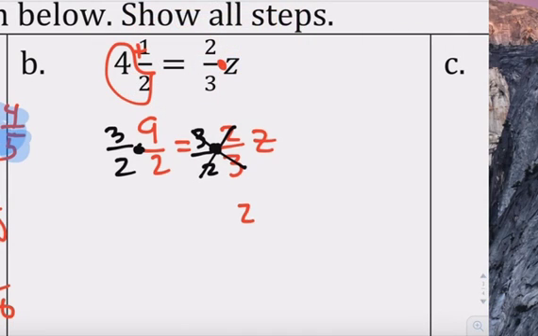You have z equals, cross cancel, you can't. So we have 27 over 4, or 4 into 27, how many times? 6. 6 is 24 with a remainder of 3 over 4.